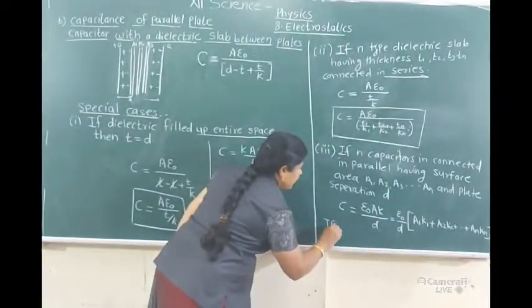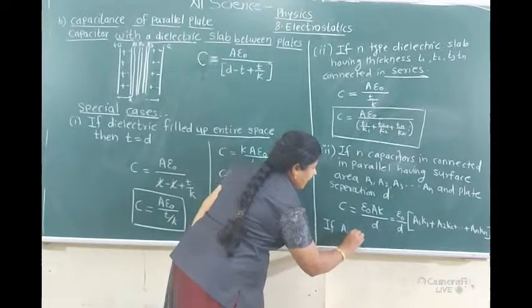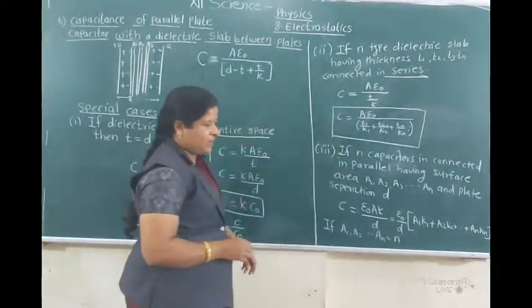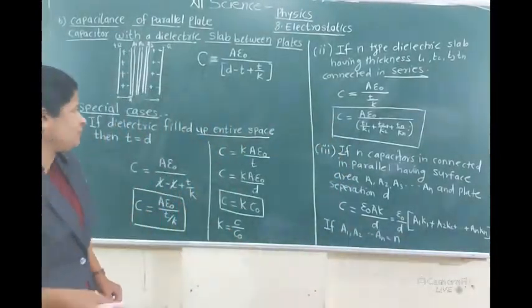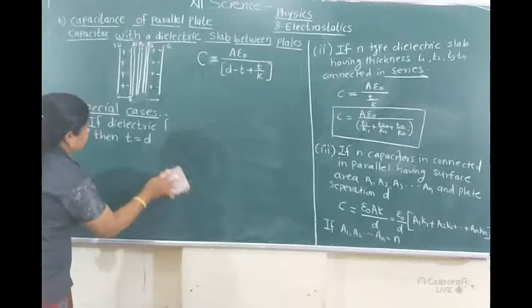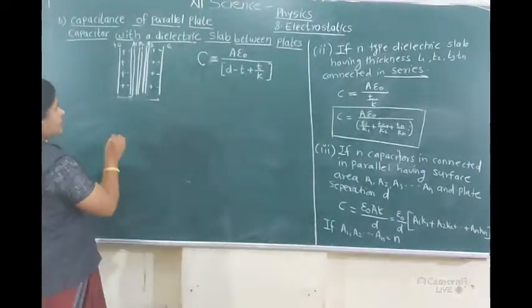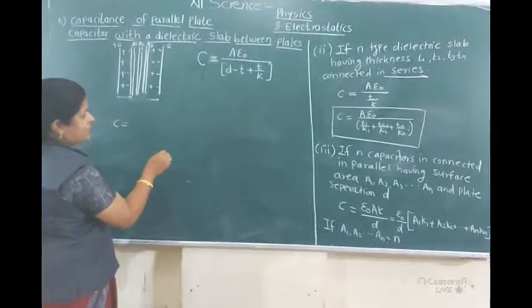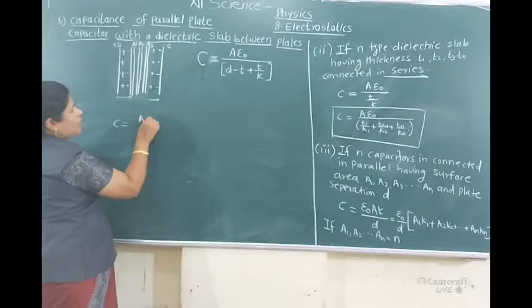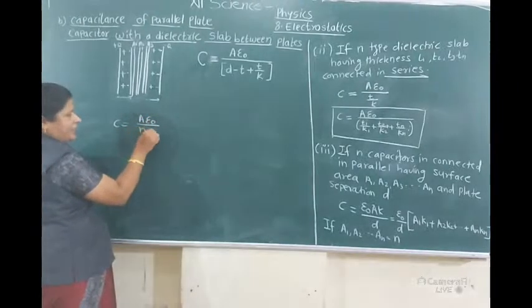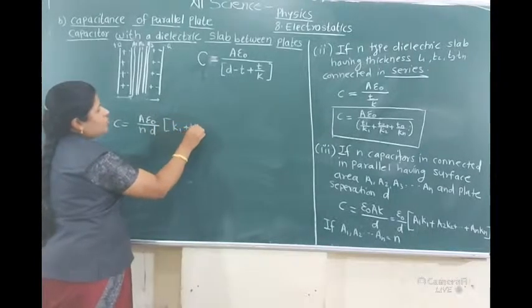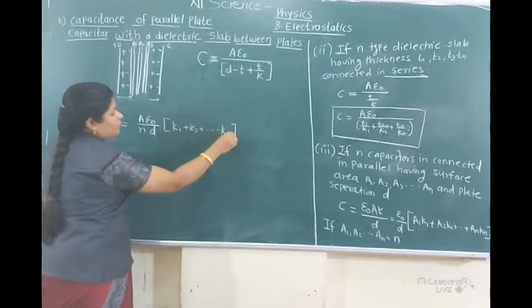If the areas of the plates A1, A2 up to An are equal, then we get C is equal to epsilon 0 divided by n into D into K1 plus K2 plus up to Kn.